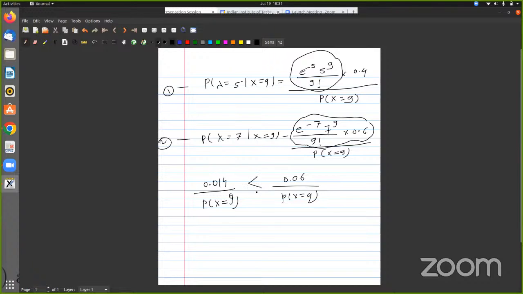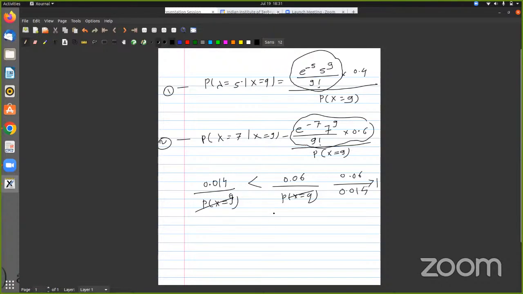How did you find this out? Because we did this calculation. So if I divide, the common part can be cancelled, and I can say 0.06 divided by 0.014 will be greater than 1, right?